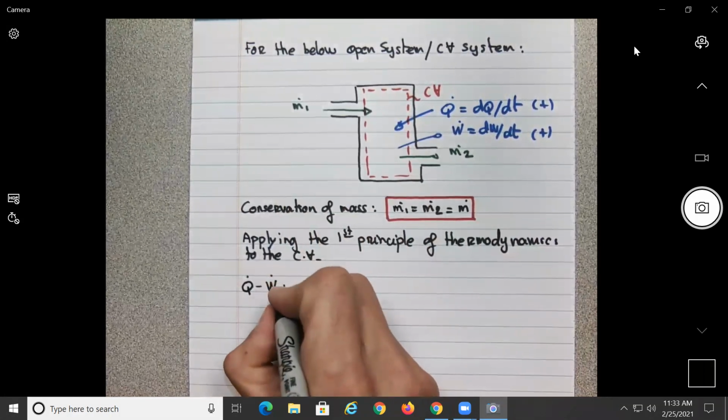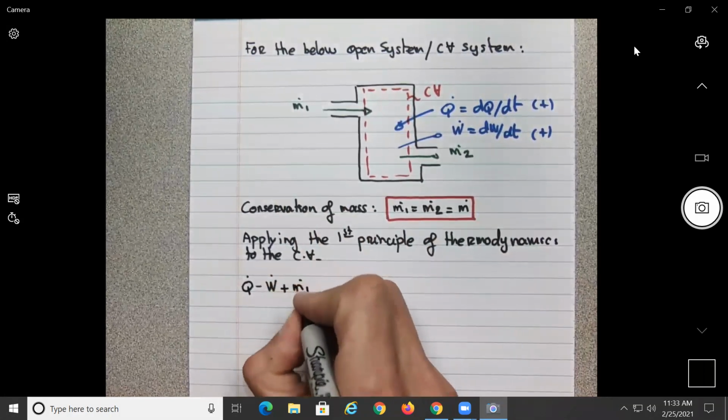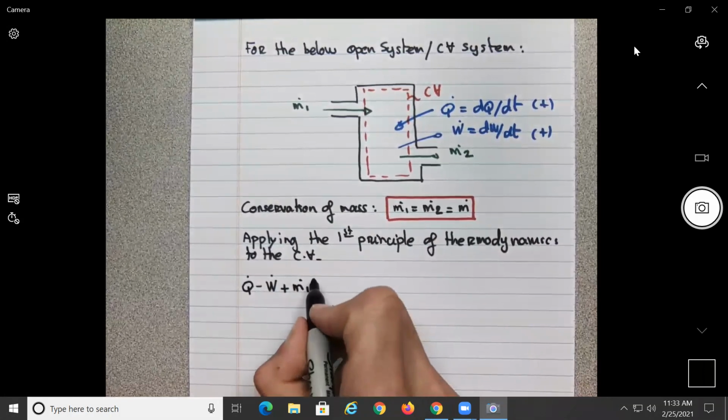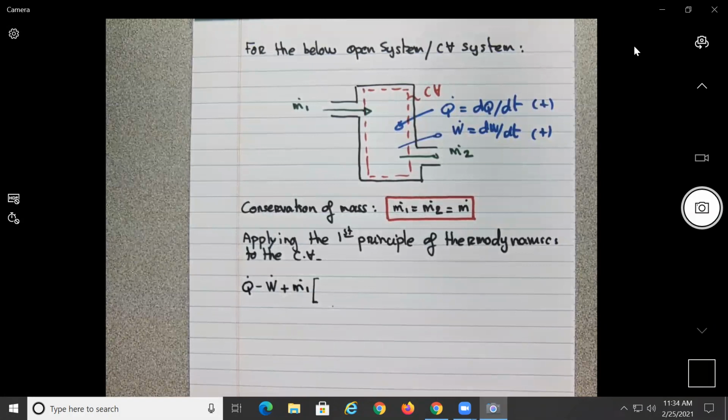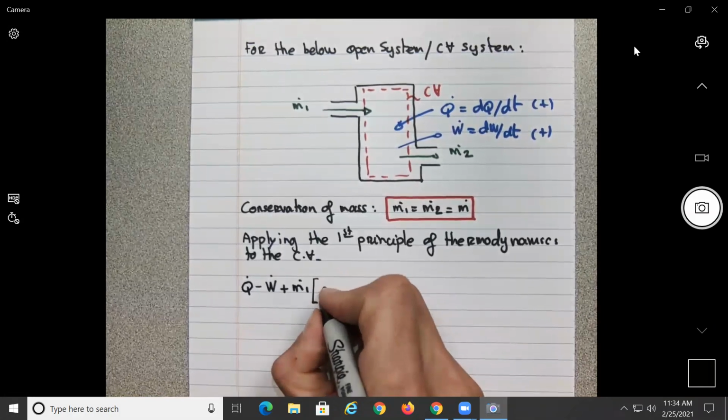So plus m dot 1. And the energy inside can come under which form? It can come under, let's say, kinetic energy.